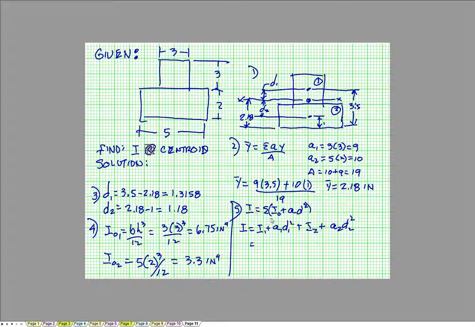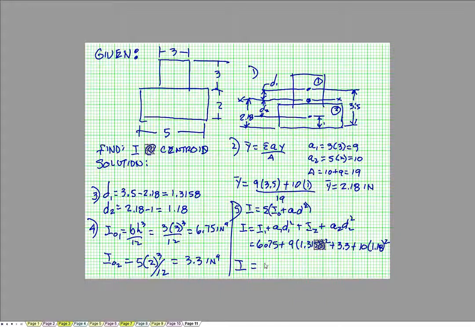So moment of inertia 1, right here, 6.75 plus area 1, 9, times distance 1, 1.3158 squared, plus moment of inertia 2, 3.3, plus area 2 is 10, and distance 2 is 1.18 squared.